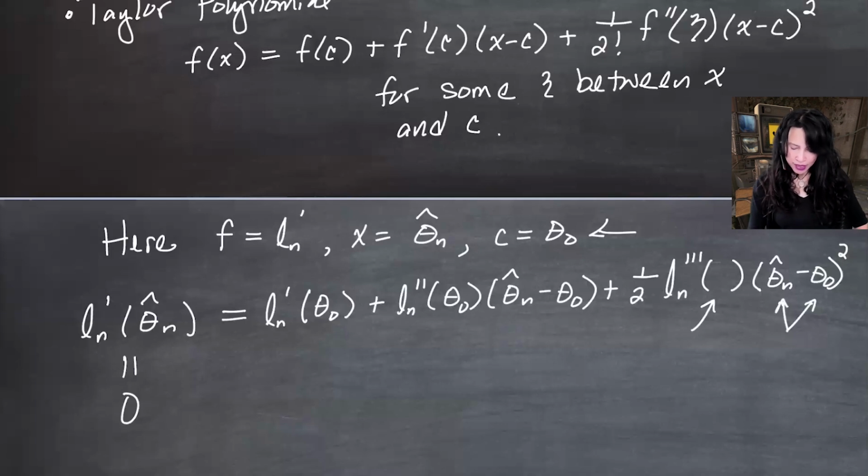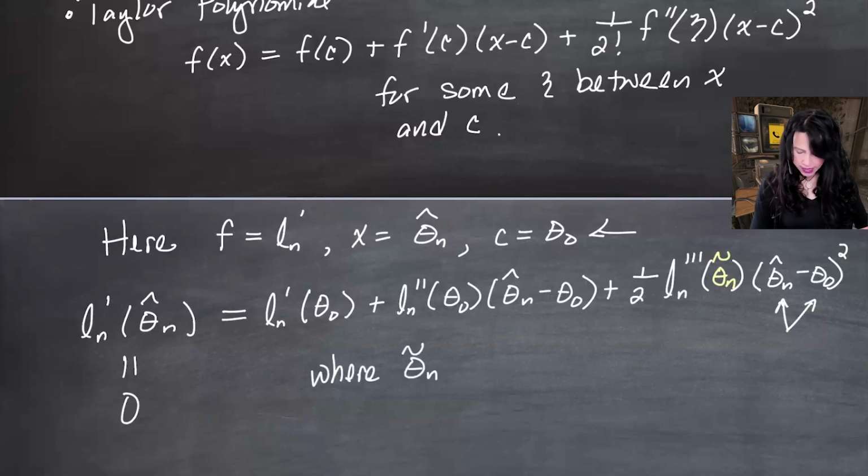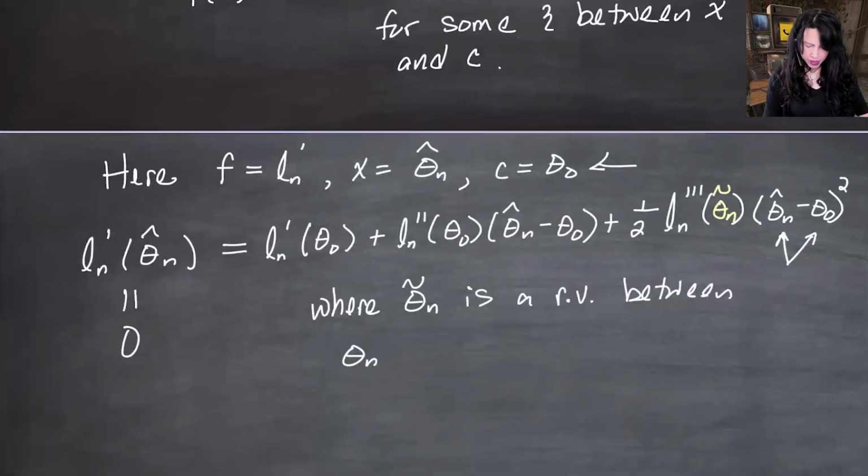So I am going to plug in here a theta n tilde, and I'm going to say where theta n tilde is a random variable between the MLE and theta naught.